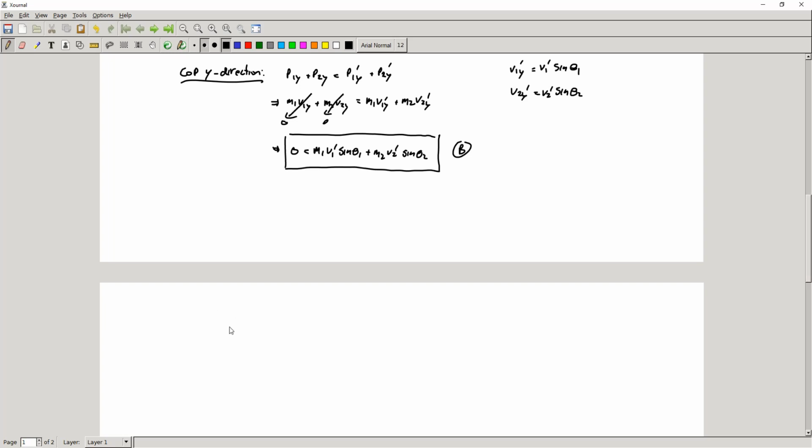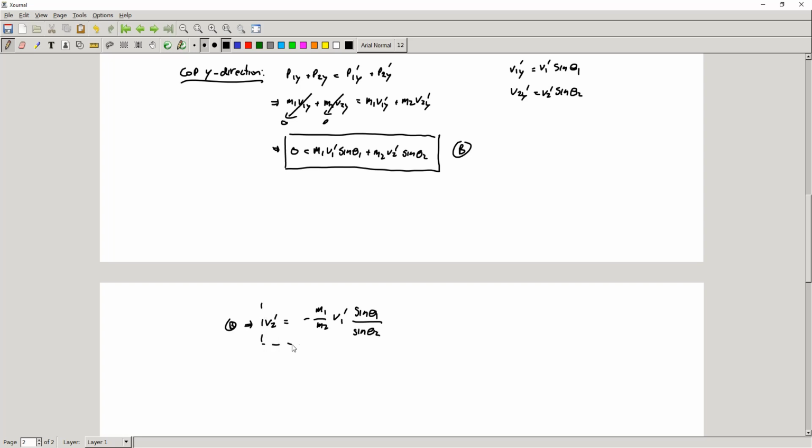So if I do that, my equation B is going to end up giving me v2 prime is equal to minus m1 over m2 v1 prime sine theta 1 over sine theta 2. And I skipped maybe one step in there, but it's probably fairly obvious.